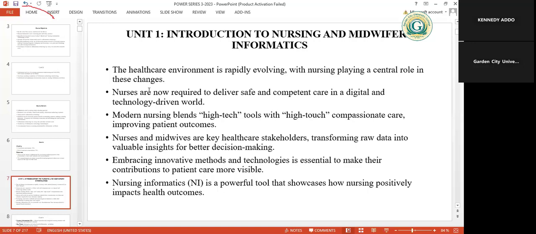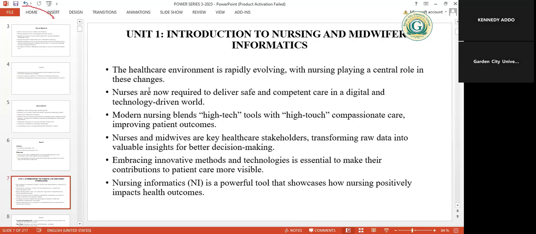Nurses and midwives are the major key actors in the healthcare delivery system, transforming raw data into valuable insight for better decision making. Embracing innovative methods and technologies is essential to make their contributions and role more clear and visible to interested parties and the patient at large.